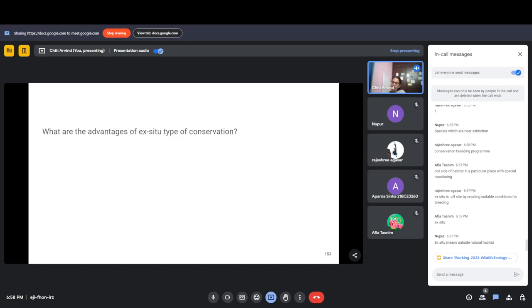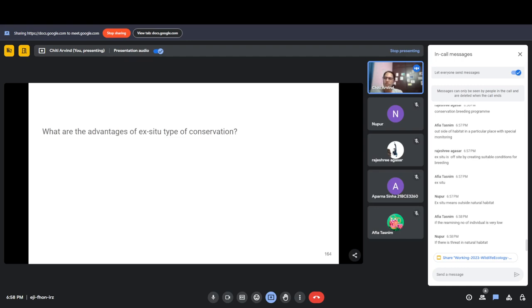Now you can think of the captive breeding program and see what are the advantages of having it if the remaining number of individuals is very low, correct, right? So if you have hardly any individuals left in the wild, you can't just leave them. Even if you protect their entire habitat, it's unlikely that they are going to reproduce and propagate.